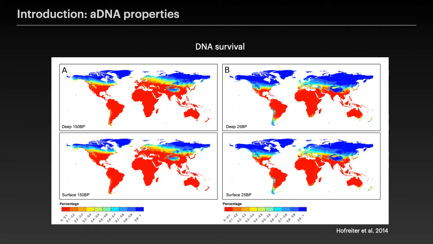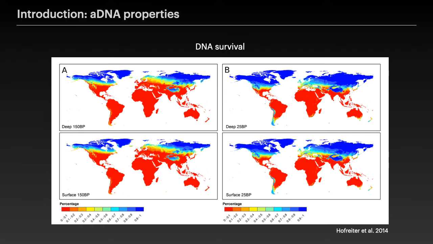The maps also stress the importance of deep burial sites and caves that have the potential for greater survival rates for ancient DNA compared to open sites. And lastly, the most obvious pattern, of course, is that in tropical and desert regions, the percentage of DNA surviving is very low for any DNA fragment length tested.